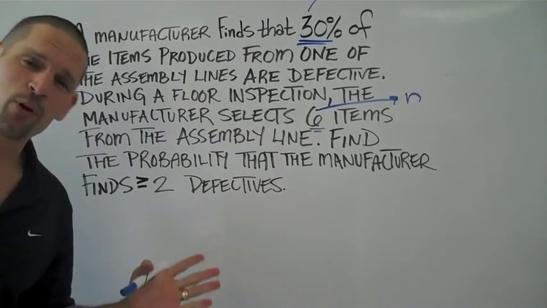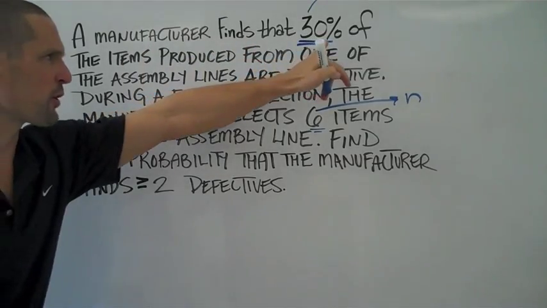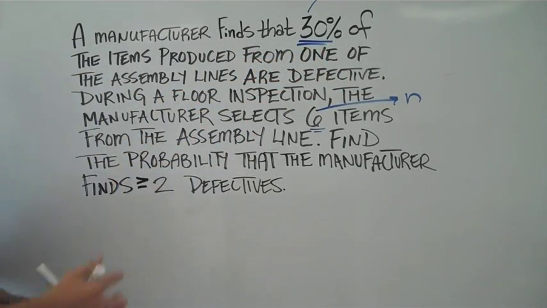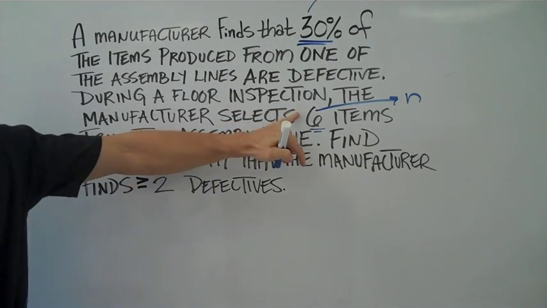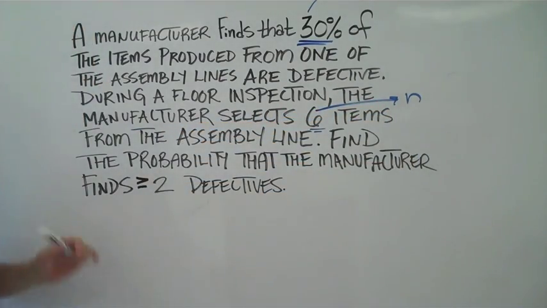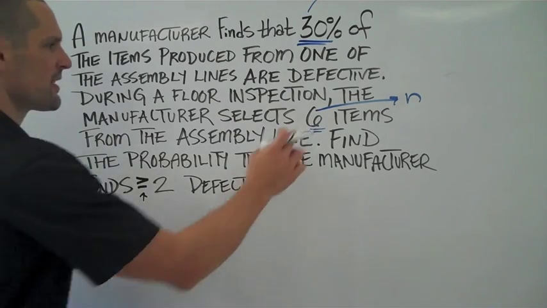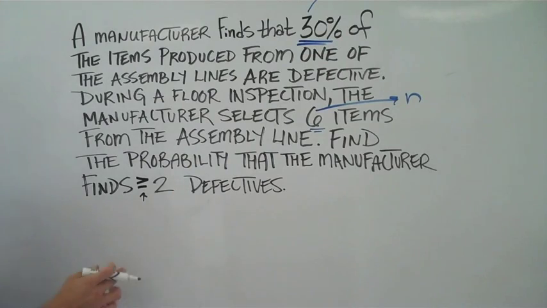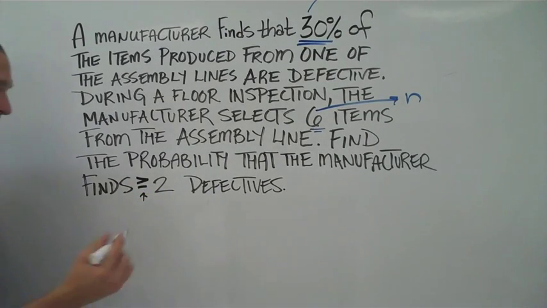Let's do this same problem again. A manufacturer finds that 30% of items produced are defective. So 30% is your p. During the floor inspection, they select 6 items, so that's your n. Find the probability that, now I change the problem, at least 2 are defective. So, again, this is my n and this is my p, and I want an x of at least 2.